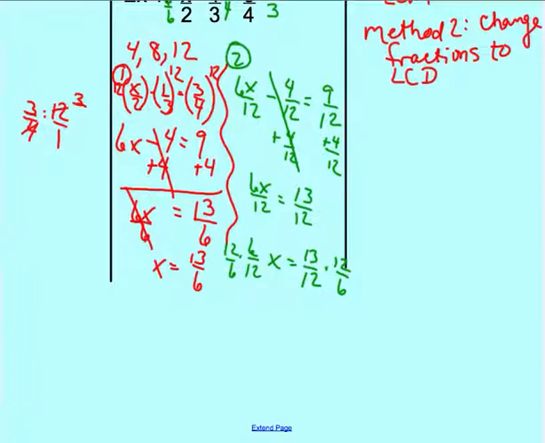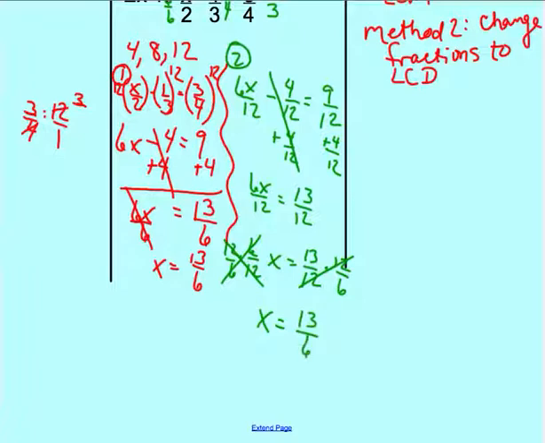To cancel. So notice my 12's cancel and my 6's cancel, isolating the x. On the right-hand side, my 12's cancel, which is why I found that common denominator for all of my fractions, leaving me with 13 in the numerator and 6 in the denominator.